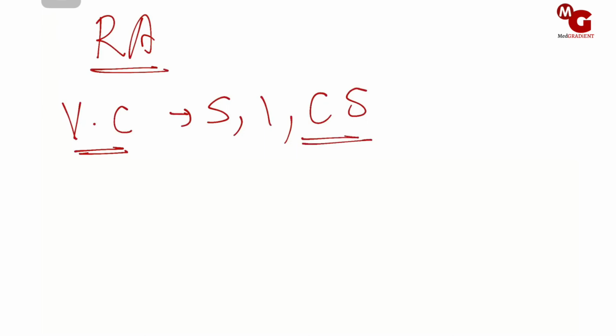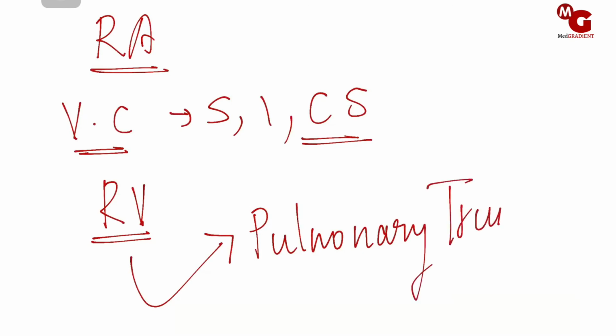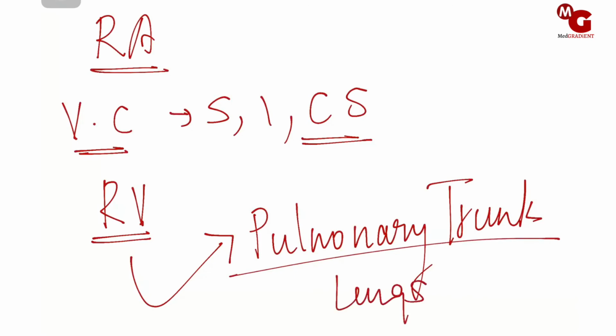That's the venous drainage of the heart, right? In the right ventricle, what exits is called the pulmonary trunk that further goes to the lungs, right?